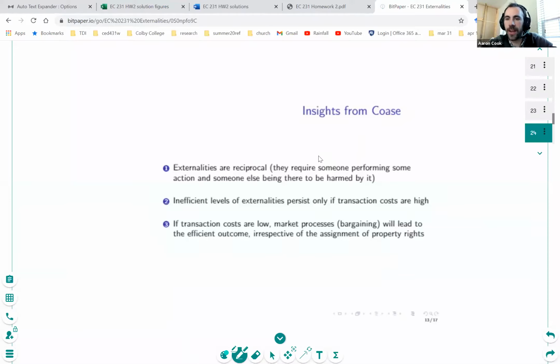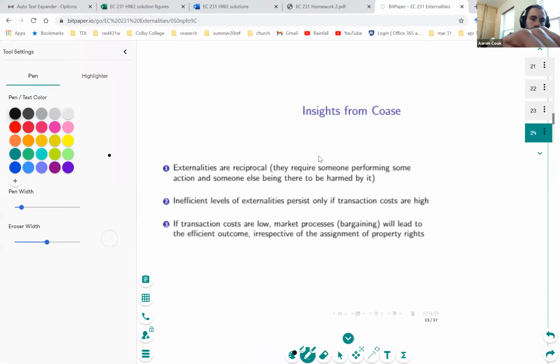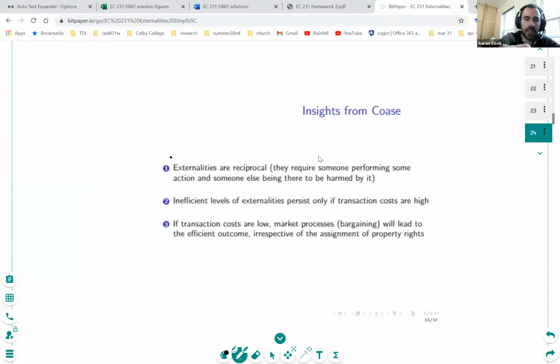An alternative perspective is the one that's given by Ronald Coase, which is that it's not obvious that the government is going to know all of the individual activities in the economy that are having harmful effects on other people.